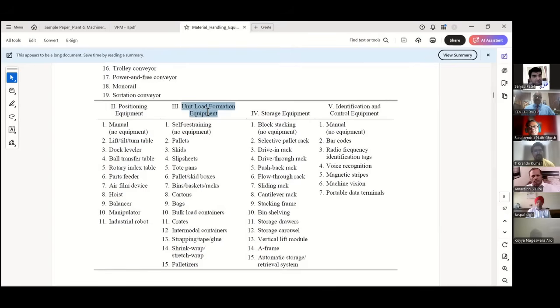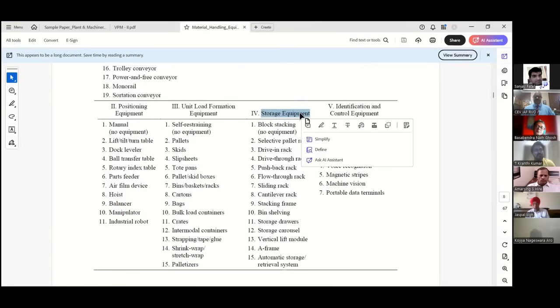Unit load formations: that is a pallet to handle the load, skid, slip sheet, totes, pans, pallet, skid box, bins or racks, cartons, bag, bulk, palletization, wrapping or strapping, intermodal container.